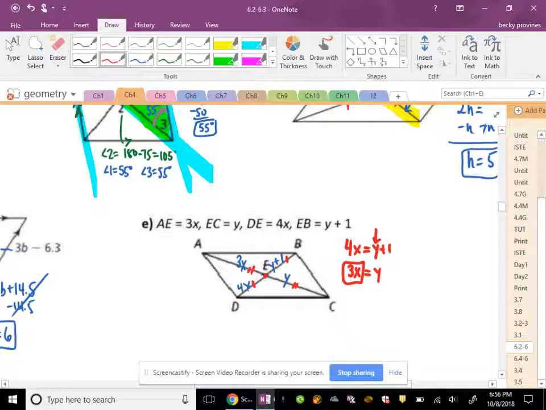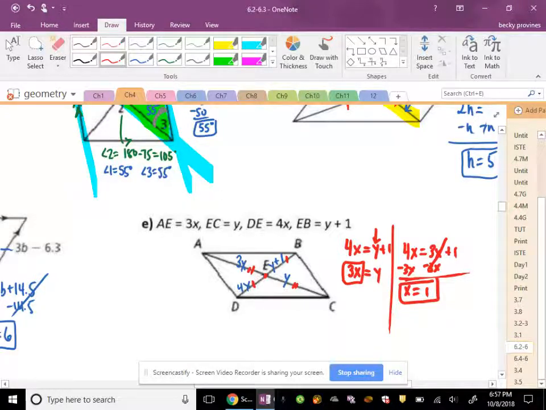So let's take out y and replace it with 3x. So when I do that, I have 3x. Let's take out the y and put it in its place. And now I have an equation with all x's, and I'm able to solve now. So I'm going to subtract 3x, and I just get plain x equals 1.